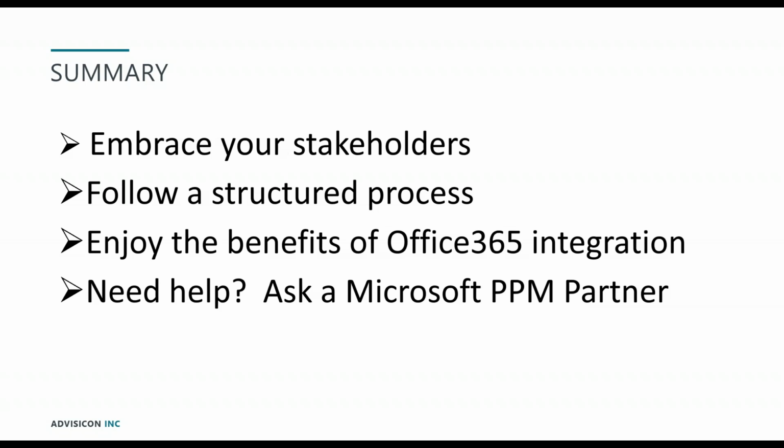Developing a RACI matrix would also be a good plan to have set up. You get to enjoy the benefits of an Office 365 integration. Having access to all those other applications in the cloud, along with Project Online, is going to make your ability to collaborate with your team better and, again, increase the efficiency and productivity of your projects, just like some of the data points that were released by the Forrester report.